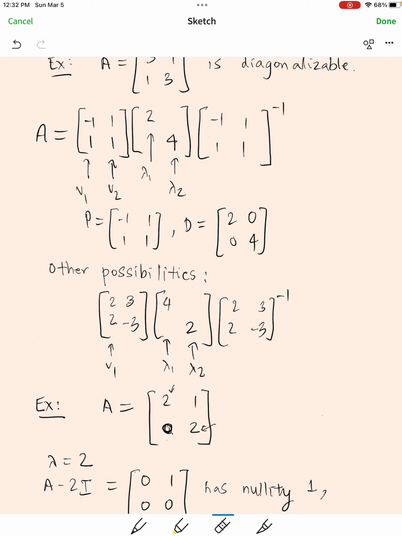So there's multiple possibilities for P. Let's just do a quick example.